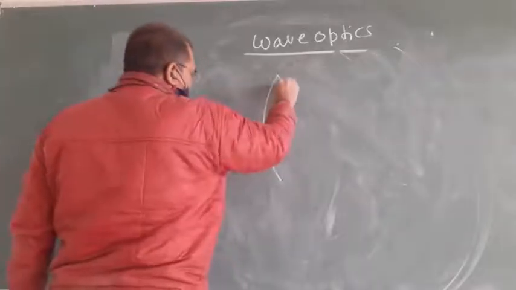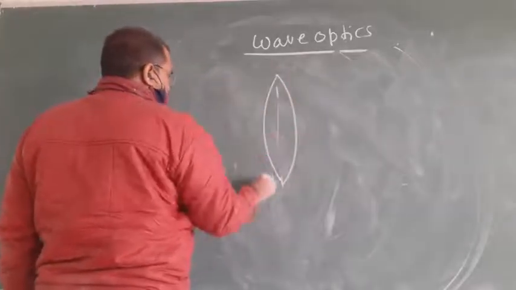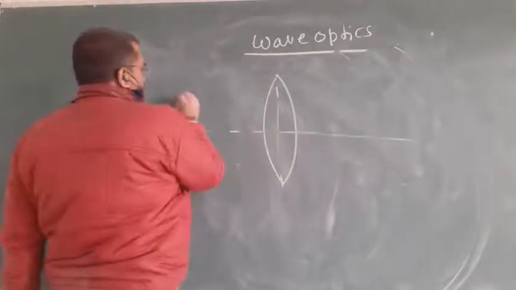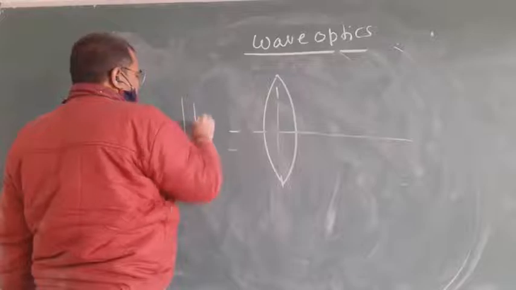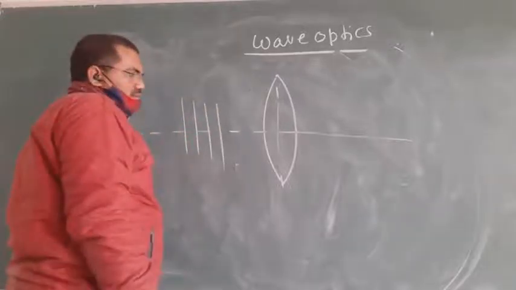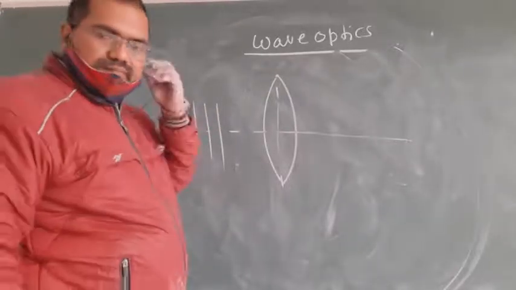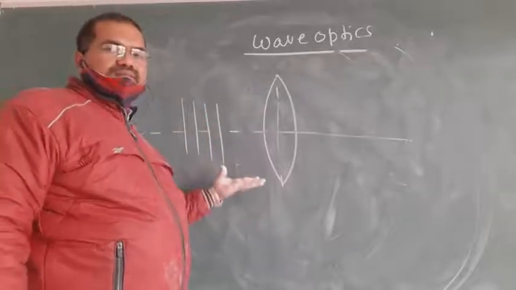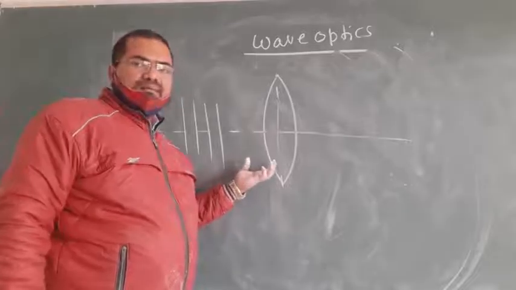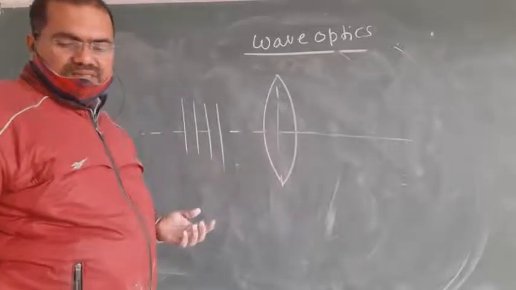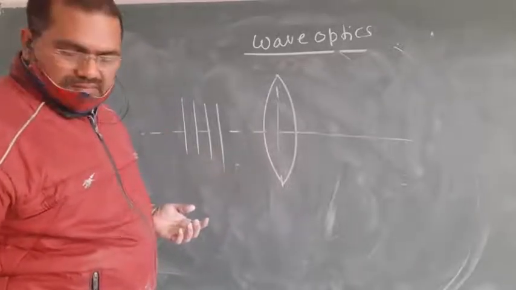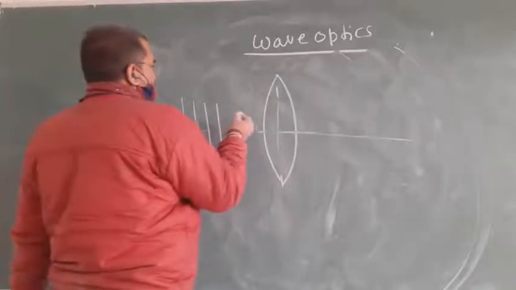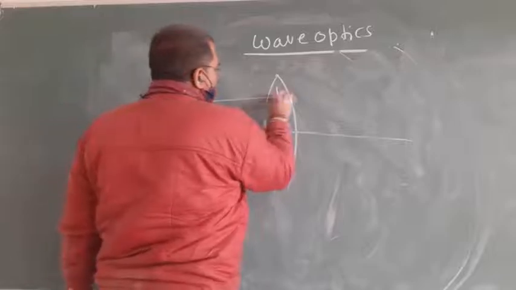One more thing, this is the convex lens, and the wavefront is planar. This question was asked in the board exam also, so it is a very important question. This is the incident wavefront. Make the ray diagram.